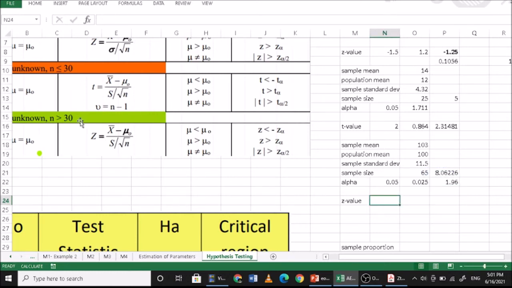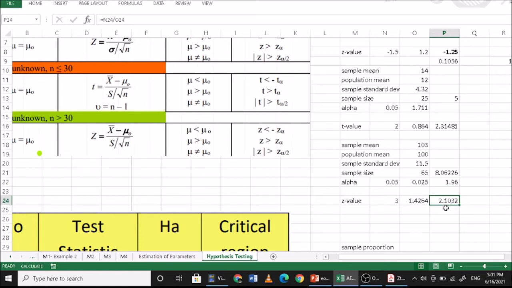Then to compute for the z value, we use this test statistic: sample mean minus population mean, over the sample standard deviation divided by the square root of n. The computed z value is 3 divided by 1.43, which is 2.103, which is actually greater than 1.96.